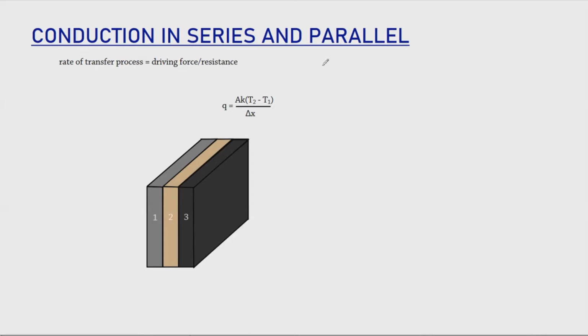So if you wanted to find the resistance here, we need to equate this equation to the rate of transfer process, which in this case is our Q. So this is equal to the driving force divided by the resistance.